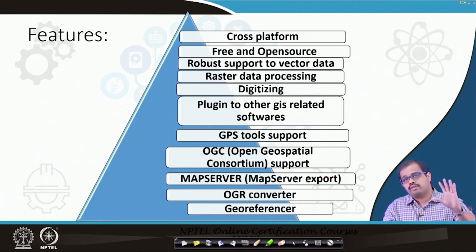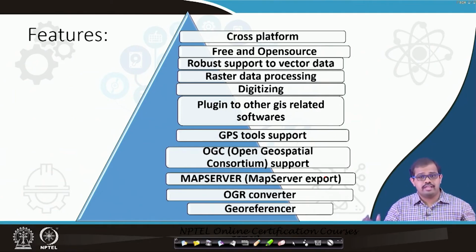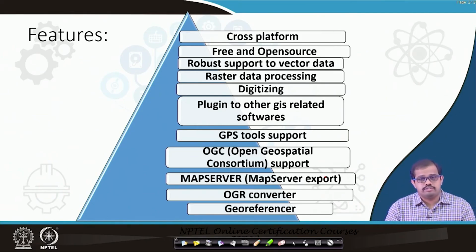So here it supports map server, which can handle the data, both raster and vector data, very effectively, and you can utilize it as a web service, so that anyone who wants to visualize your data without having any kind of hardware or software can easily look at it just by logging into that particular URL with a web browser. As simple as that, anyone with a mobile phone can get into that.